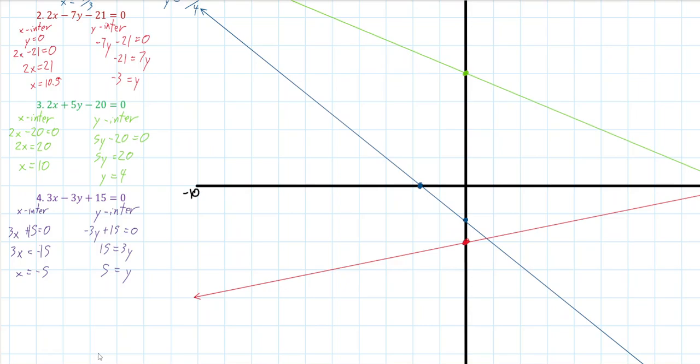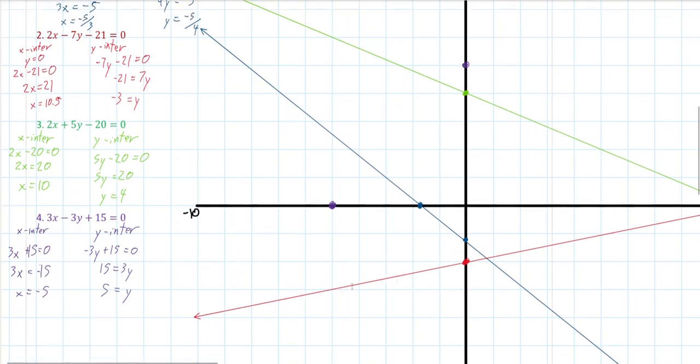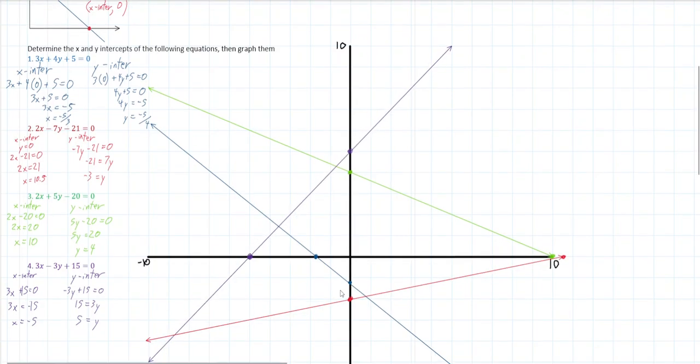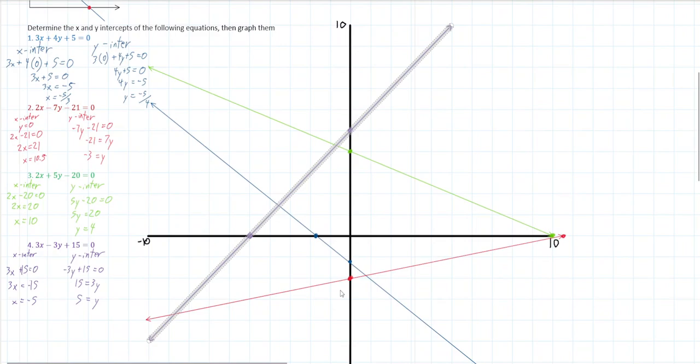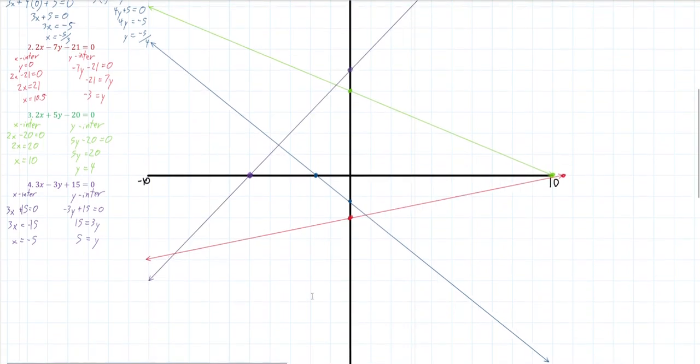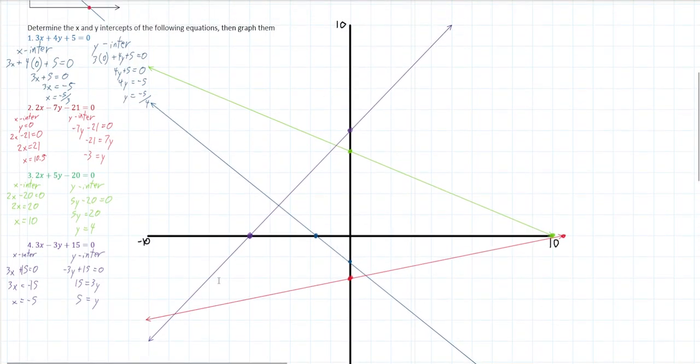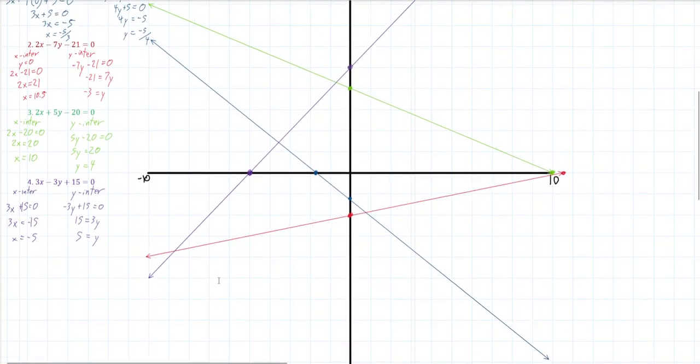So if we put those points down on the graph, it's going to look like this, which means when we graph it, it'll look like this. Okay, notice, again, we only use 2 points, the x and y intercept, and we're able to graph every single one of these just using a straight line and the 2 points.